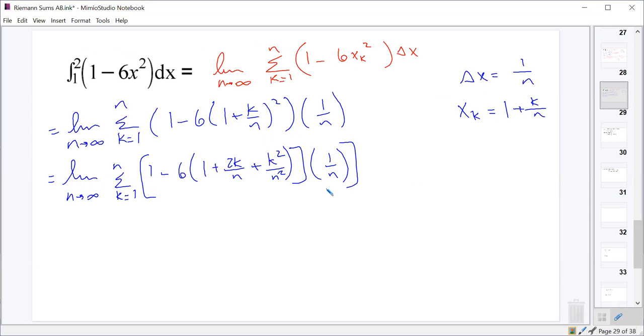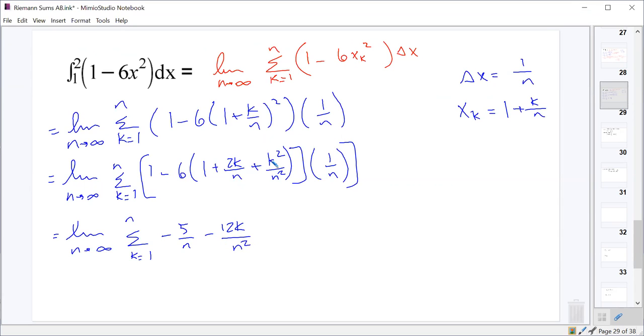And let's distribute that 1 over n through everything. So first off, we have a 1 minus a 6. That's a negative 5 times the 1 over n, so negative 5 over n. And then we have a negative 6 times the 2k, so that's negative 12k over n times n, so over n squared.